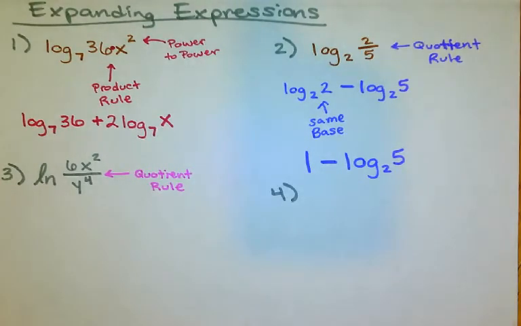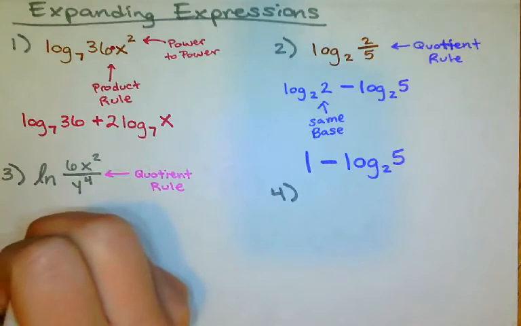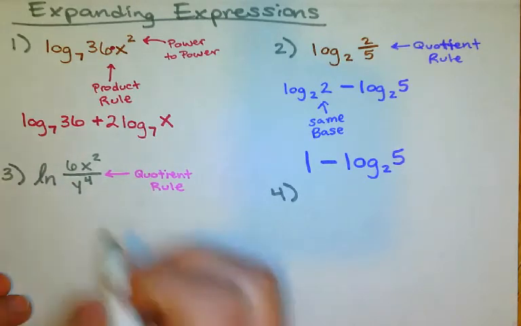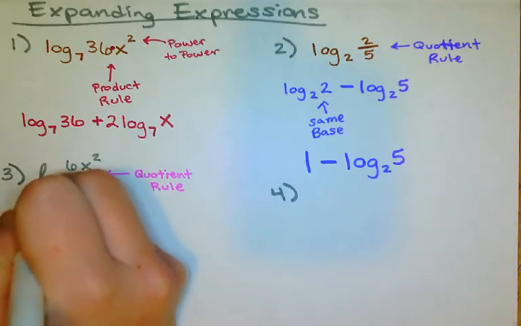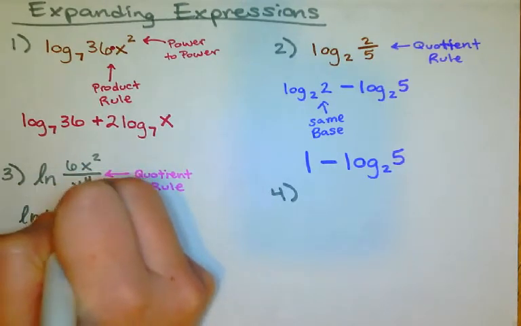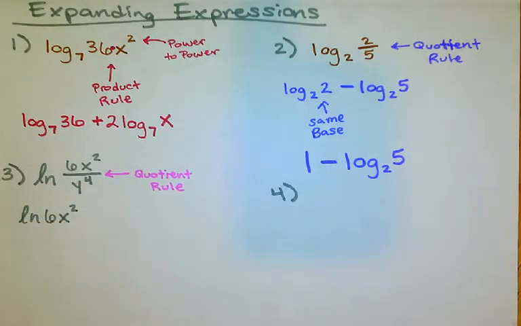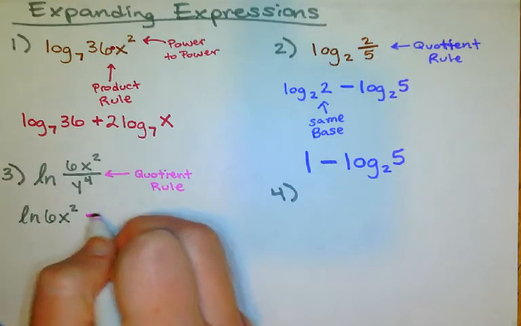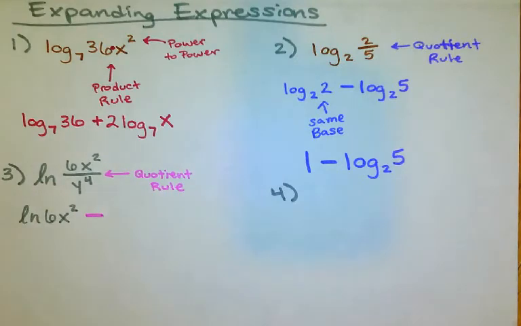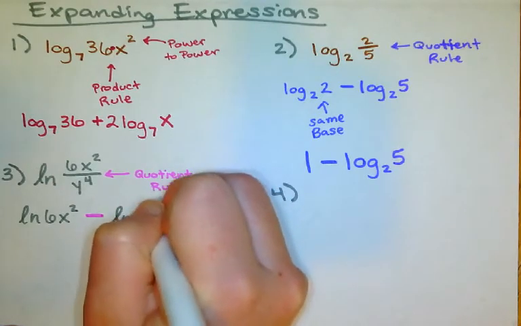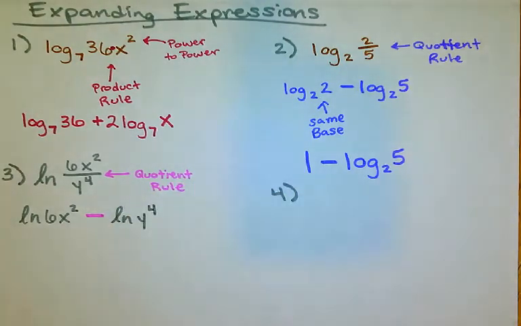So if we use the quotient rule, we're going to have natural log of 6x squared, and then that quotient rule means we can change that division to a minus sign, and then have natural log of y to the 4th.